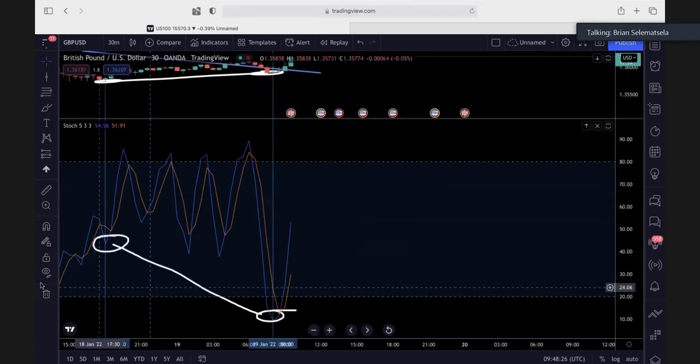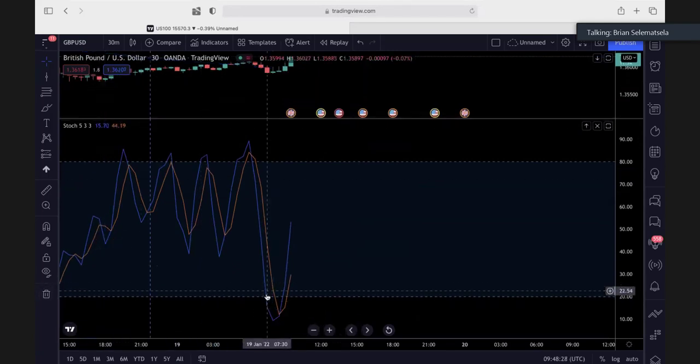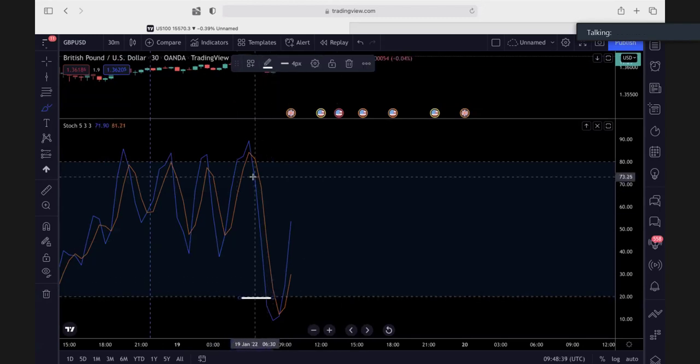So you guys can see these two lines. Immediately after you spot your divergence, you want a divergence where the market touches the oversold when we are buying and the overbought when we're selling.